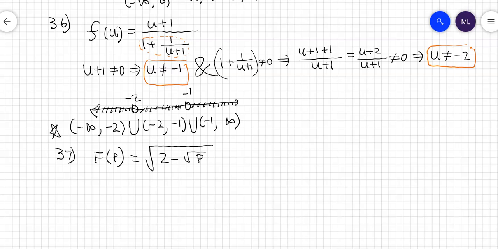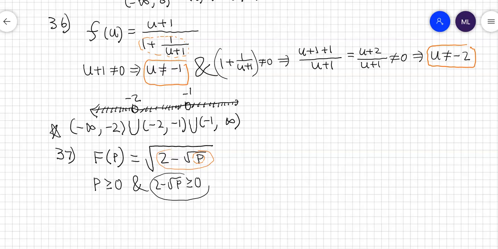So again, we have two conditions. p has to be greater than or equal to 0 because of this p right here. And the entire radicand, 2 minus square root of p, has to be greater than or equal to 0.